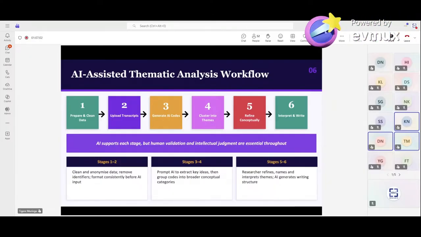You have your interviews, right? The first thing that you need to do is clean and anonymize that data before you upload it. You need to remove identifiers, format consistently before AI input, because if it is messy and problematic, the problem with AI is that it picks up the low hanging fruits.